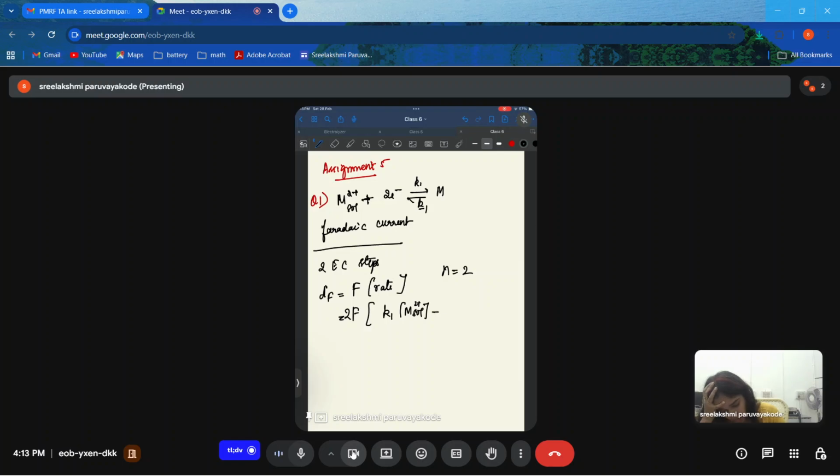Minus, what is the backward reaction? k−1 into 1, since M is a metal and we take its activity as 1. Unlike the previous case, no adsorbed intermediates form; the entire surface of the metal is available, so we don't have to write the adsorbed intermediate. So this is how the expression comes: nF times forward reaction k1 into concentration of M2+ minus backward reaction k−1. So this is what the equation comes to. Now the next step.